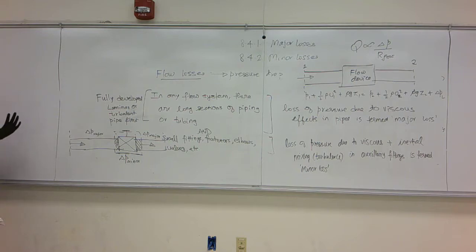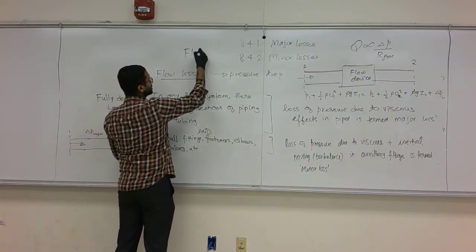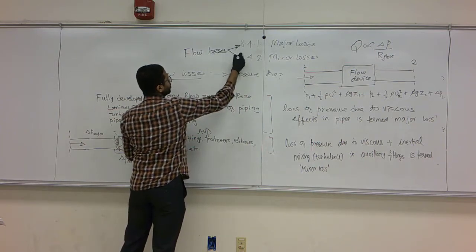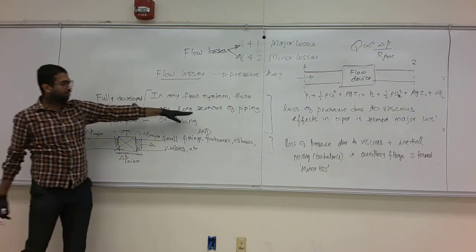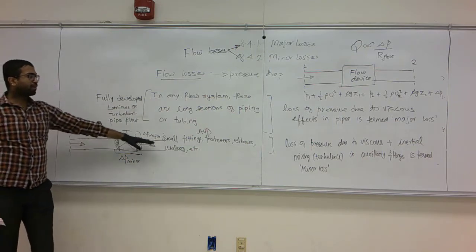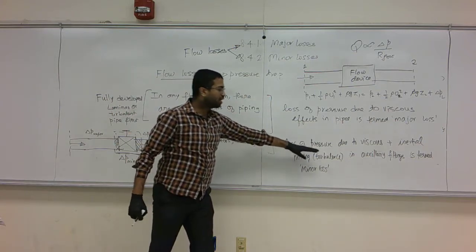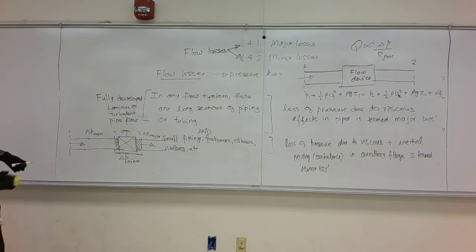Okay? So we have flow losses that are split into major and minor losses. Major takes place along long sections of piping, and minor is the pressure drop across auxiliary fittings.